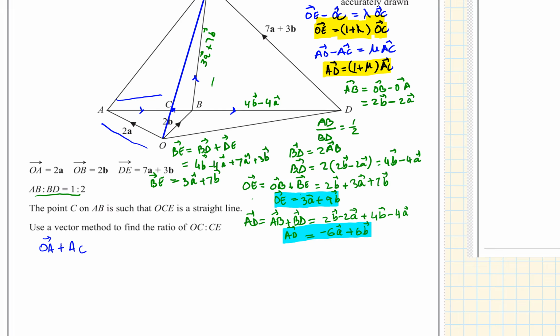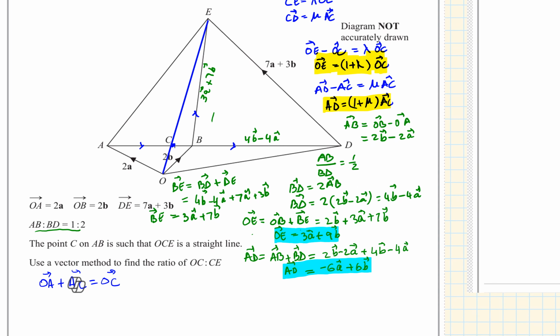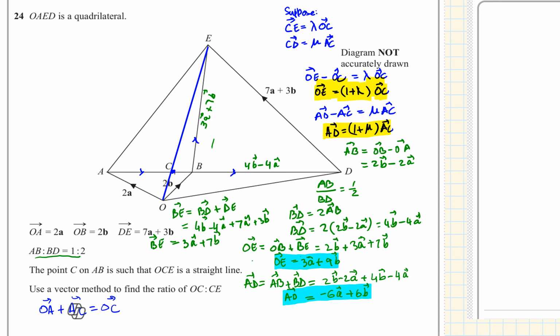OA I know is 2A, and AC I know: I've written AC is 1 over 1 plus mu times AD.